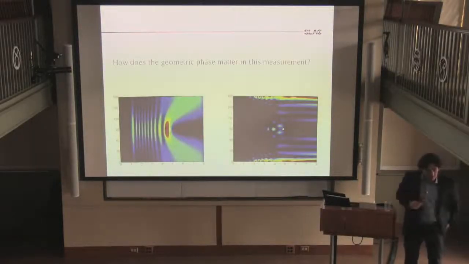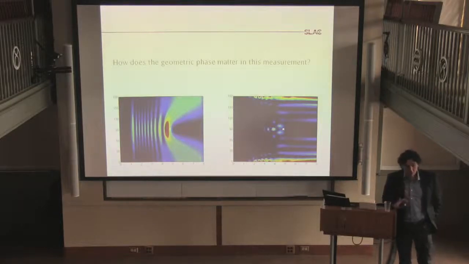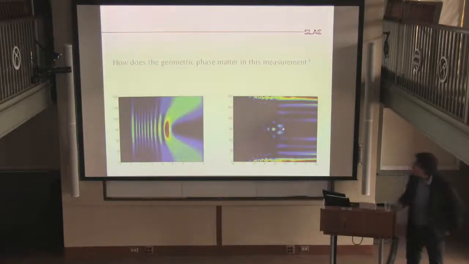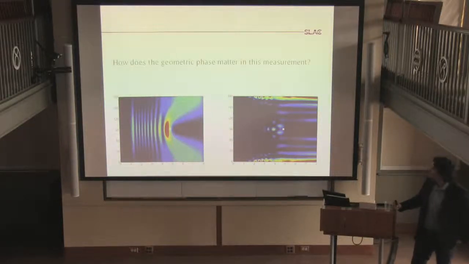A question we ask ourselves, and we still don't have a good feel, and I of course appreciate the discussion here, is how does the geometric phase matter in such a measurement? In order to really have a geometric phase, you need to encircle this singularity.